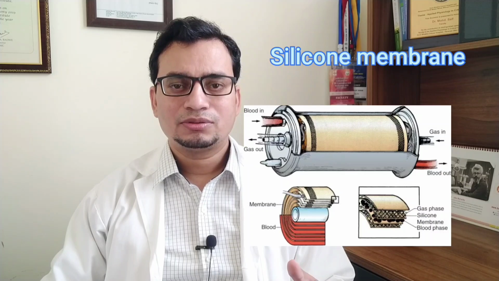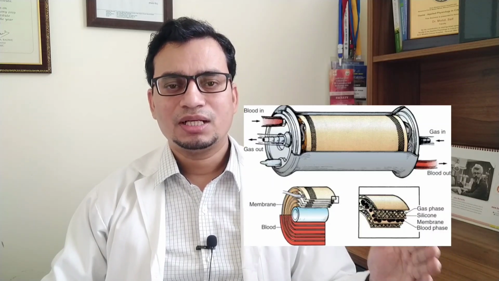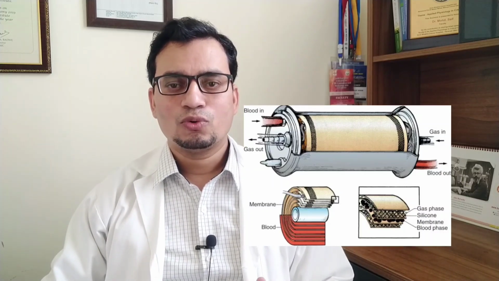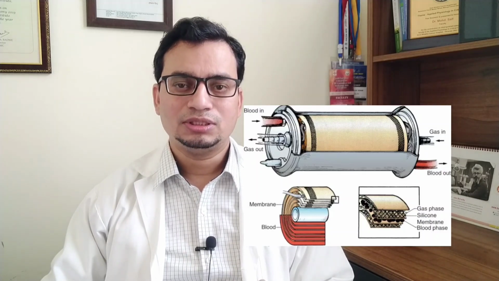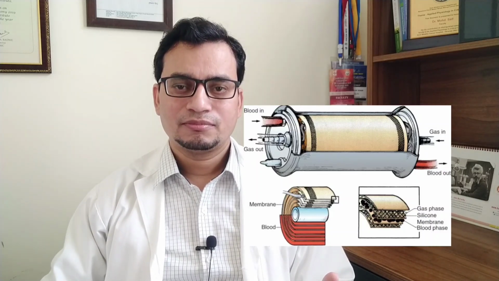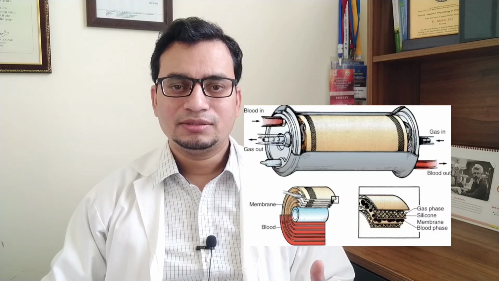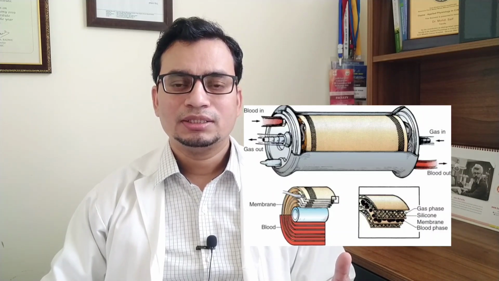The blood passes on one side of the membrane, whereas the sweep gas flows in the opposite direction on the other side of the membrane. This gas exchange device is very efficient and may require the reintroduction of carbon dioxide through the sweep gas to raise the circuit carbon dioxide to physiological levels.